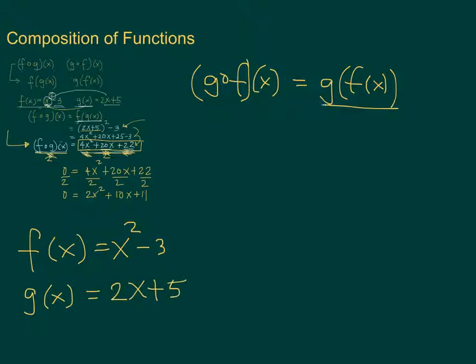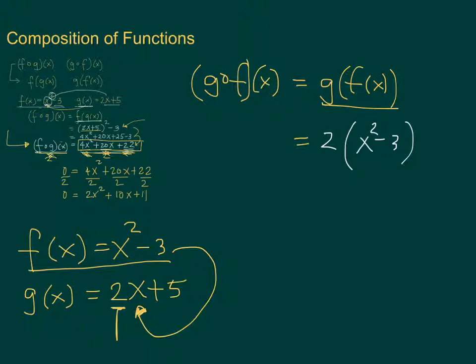So g of f of x means the f of x will take the place of the x of the g of x. So you have the 2, the x becomes the f of x, so x squared minus 3, and then you have the plus 5.